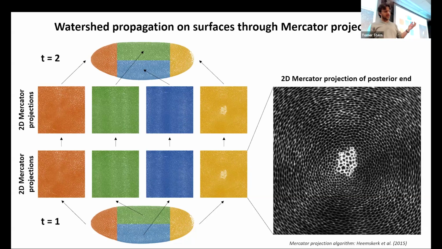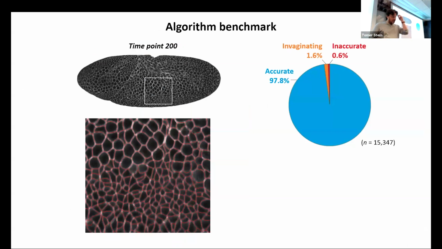Okay, so we're talking about thousands of cells for hundreds of time points, and we're flattening the embryo and breaking it into 4 parts and putting it back. How accurate can this thing be? In order to evaluate that, we took a random sample of 15,500 cells, and we checked that each one of them is being segmented and tracked properly between the 2 time points.